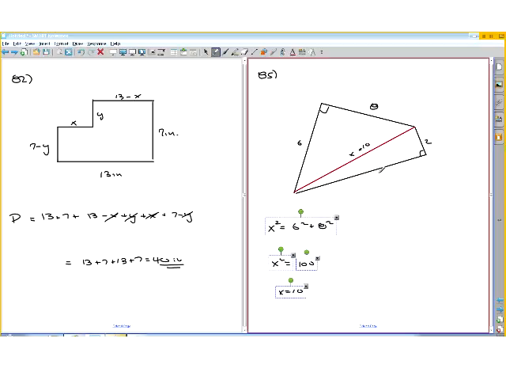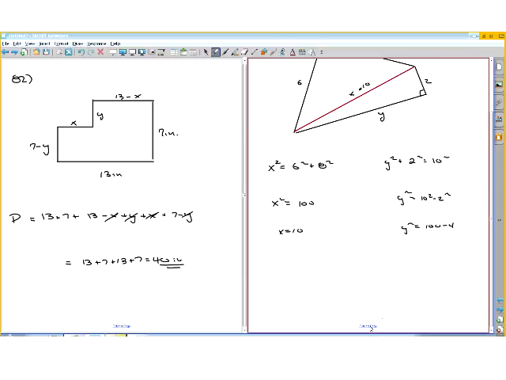We'll call this y. So we have y squared plus 2 squared is equal to 10 squared. Y squared is equal to 10 squared minus 2 squared. Y squared is equal to 100 minus 4. Y squared is equal to 96. Y is equal to the square root of 96.